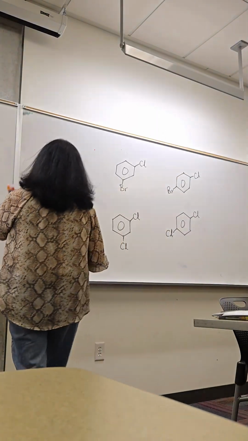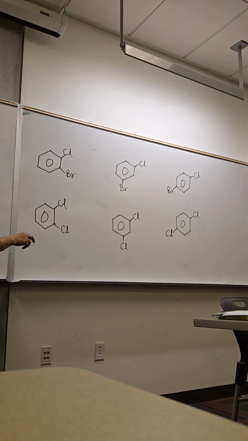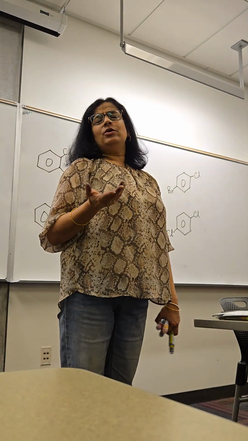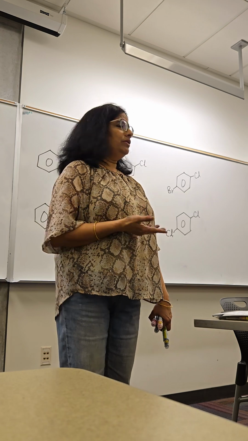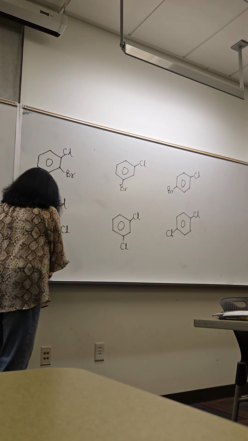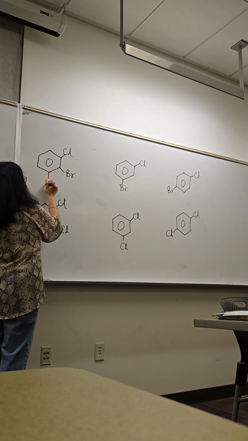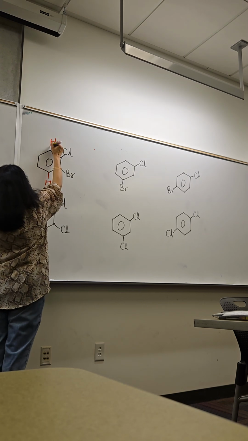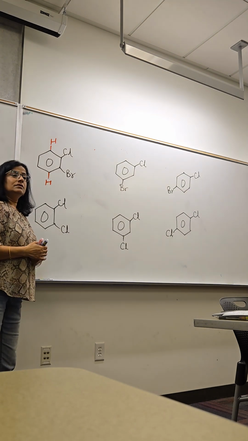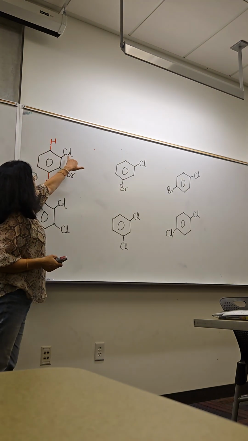What do you think? How many signals? Two. Are you sure? Look very carefully. Four. Chlorine is not the same as bromine. Do you think this hydrogen is the same as that hydrogen? No, that H is close to chlorine.